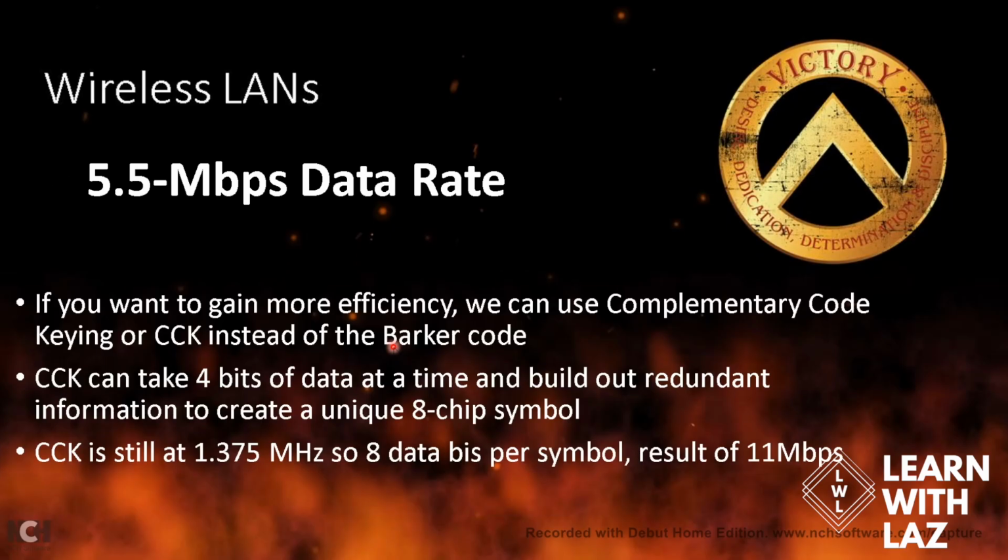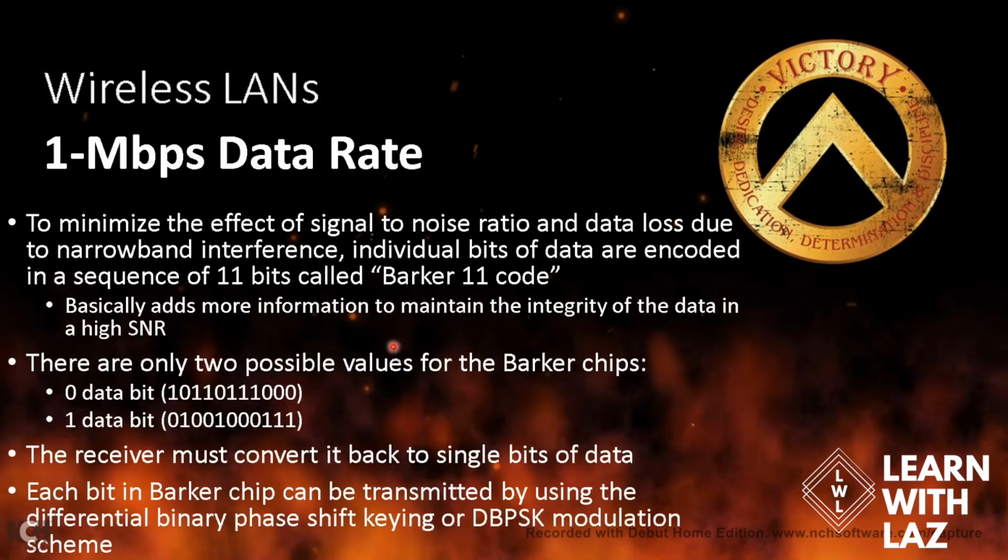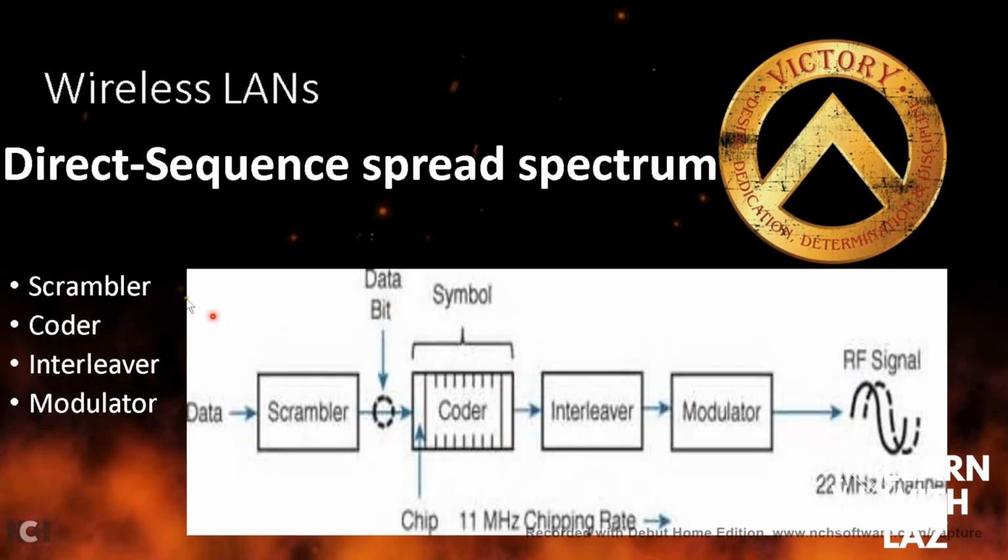So in the 5 megabit and 5.5 megabits data rate, now we have something called CCK, complementary code keying. Now I can do 4 bits of data at a time. Remember that visual that says symbol?